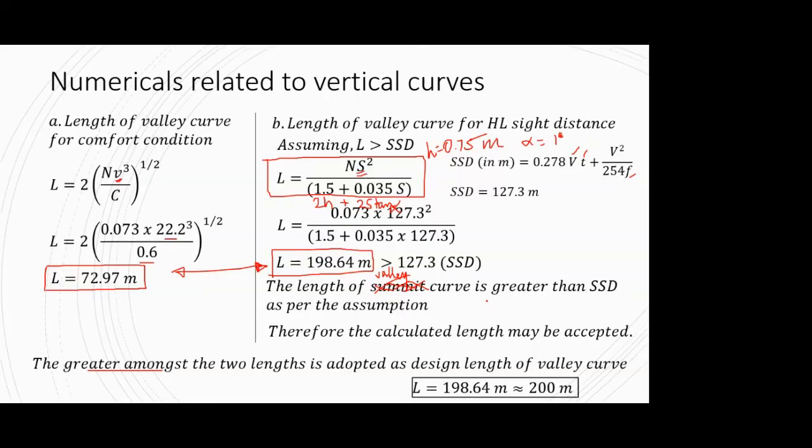So you have a combination of both, that you have been given a valley curve or a summit curve, but then they have included the RLs also in it, reduced levels. So the reduced level of the first tangent point is this, the reduced level of the second tangent point is this, and then you have to find out the RL of your summit or the lowest point of your valley curve.